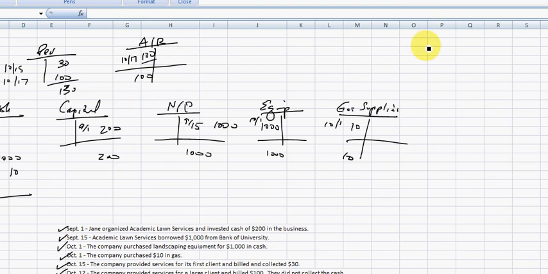And let's go ahead and use technology here. We can take cash, AR, equipment, and gas supplies.